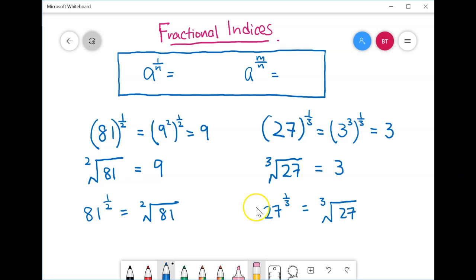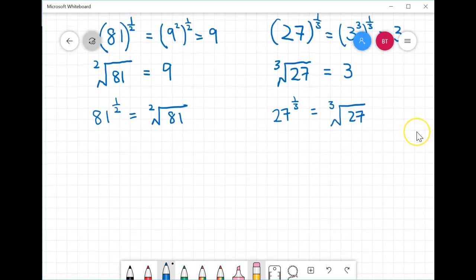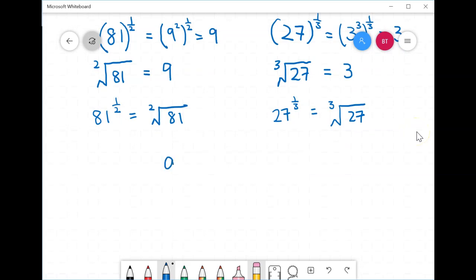So it appears that whenever I have something like a to the power of 1 over n, on my right hand side I have this root structure, and the a, being the base, appears inside the root structure. So 27 appeared inside the cube root, so the a should also appear inside this root structure. Now 1 over n, how do we see this?